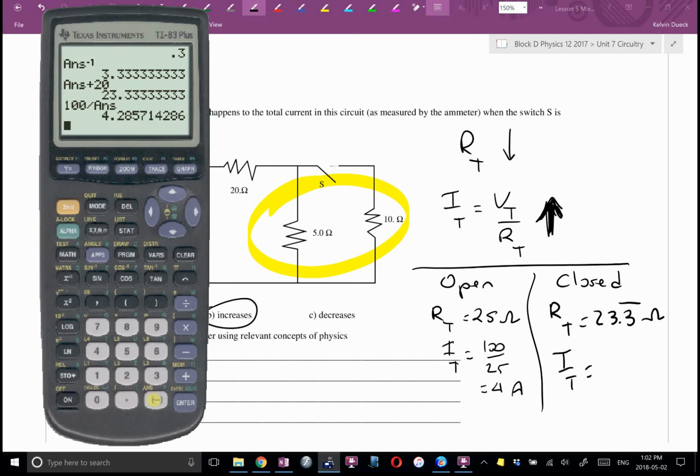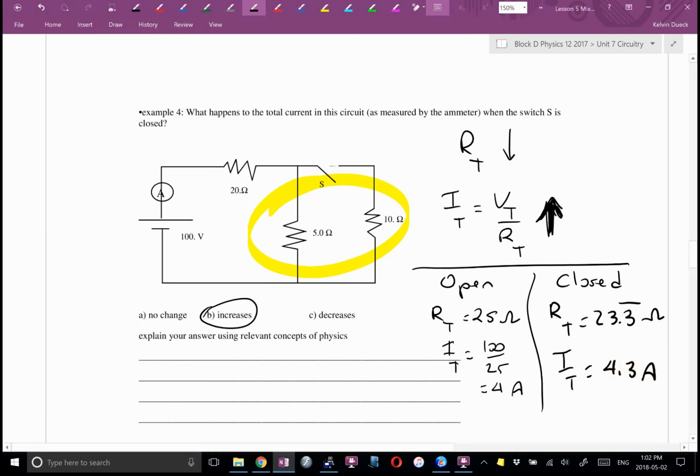Let's go 4.3. If they wanted a proof, there's a proof, although I would probably accept that if you have learned that if you add a resistor in parallel, it lowers overall resistance, which raises overall current. By the way, the fact that the current went up, so here's what would happen.